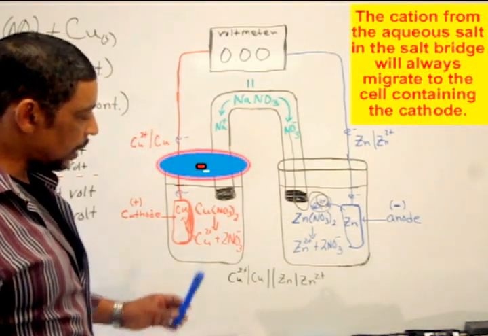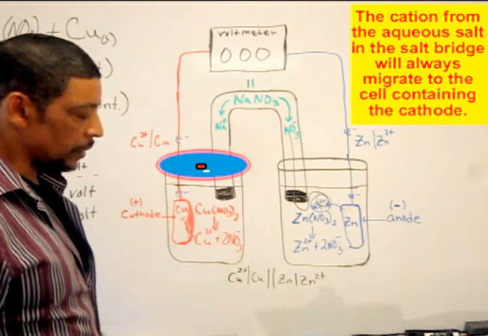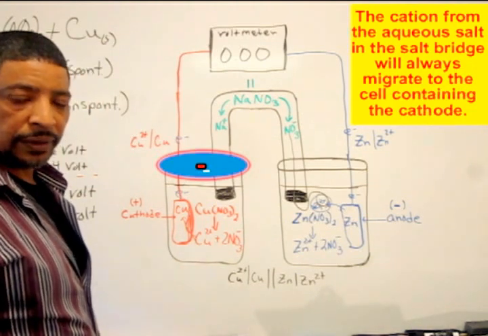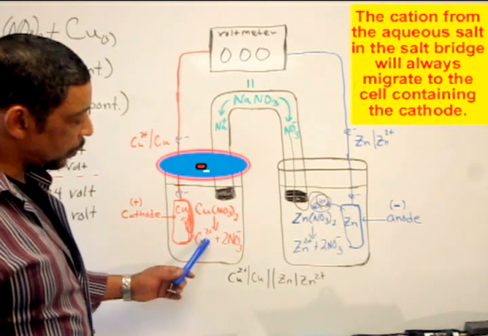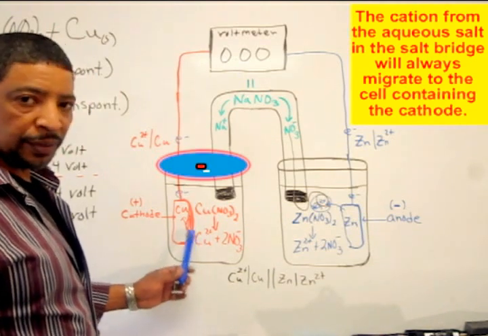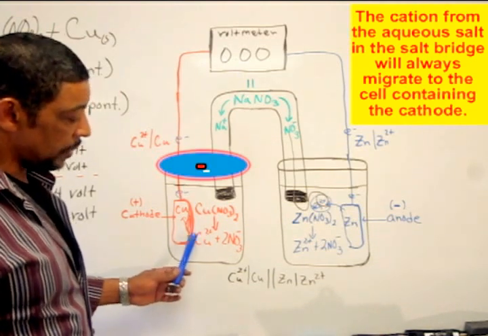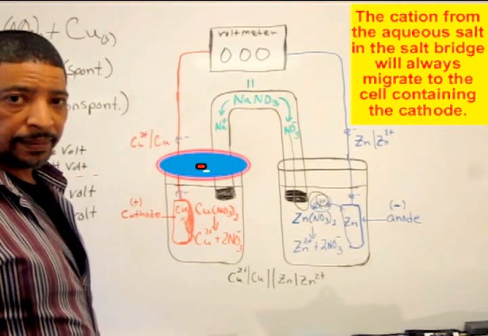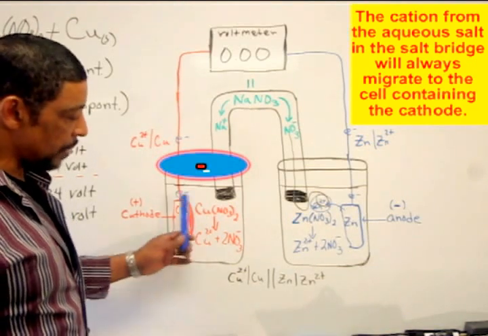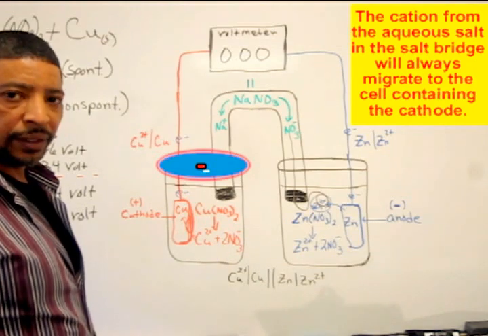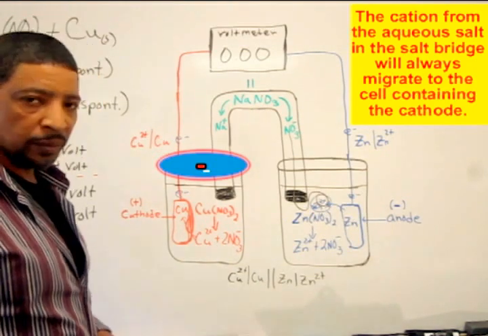In the cell containing the cathode, copper 2+ ion is continually being reduced. This reduction removes copper 2+ cation from the solution, which leaves behind the negative nitrate anion. This will cause a charge imbalance in the half cell containing the cathode. However, this charge imbalance will be negative.